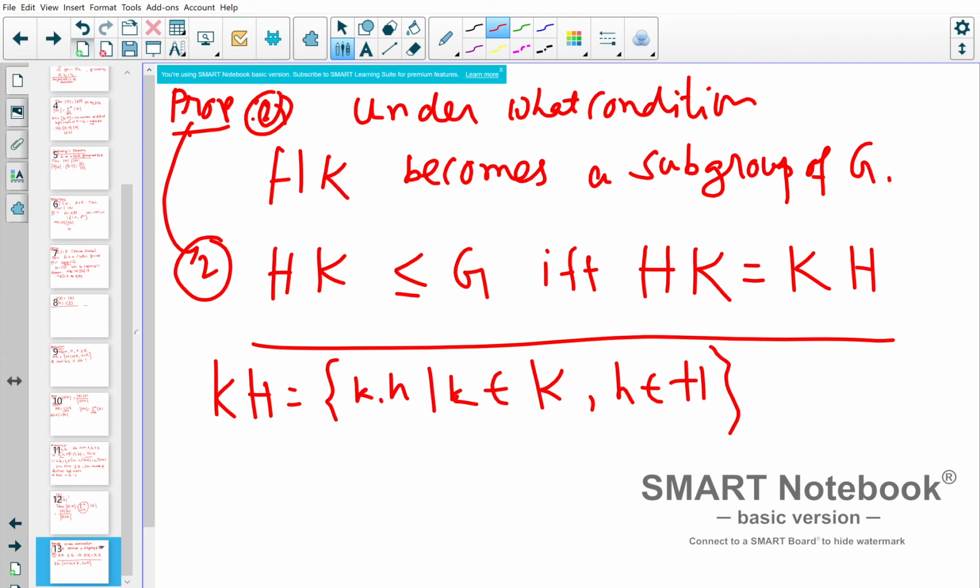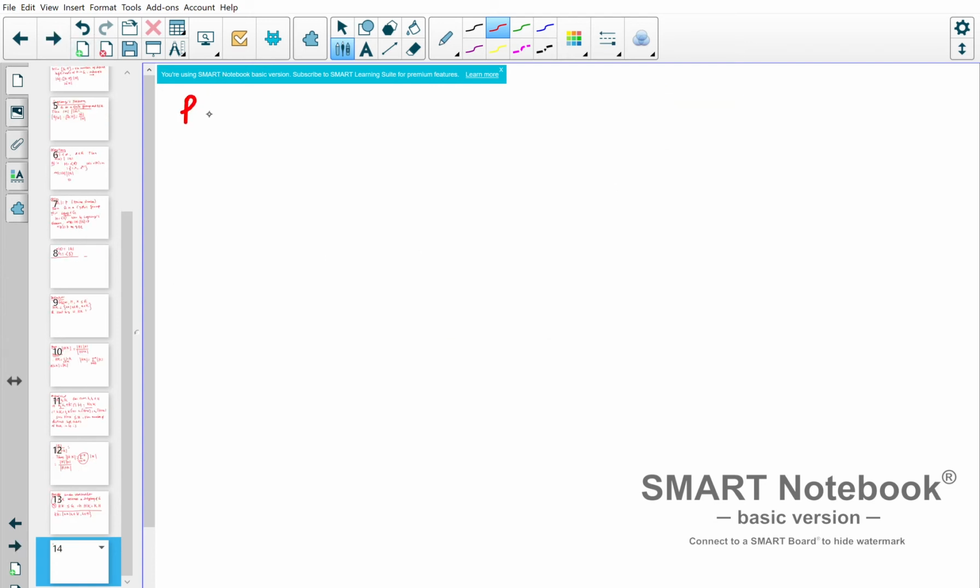Now you need a proof for this. So you start with HK being a subgroup of G. Okay, this is my statement. So what you need to prove is that K and H commute, right?